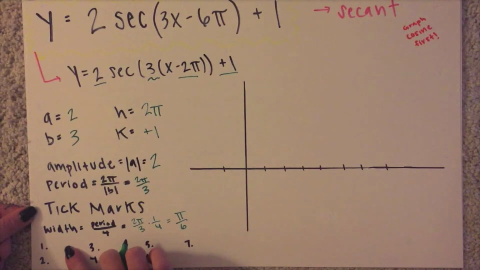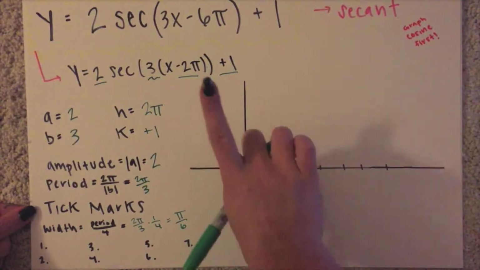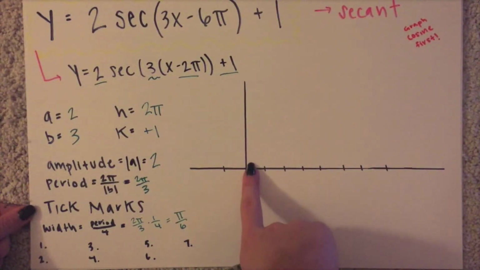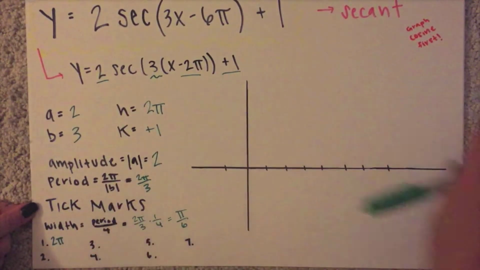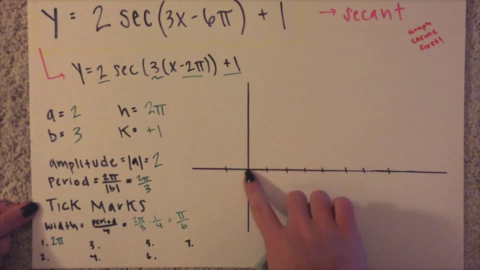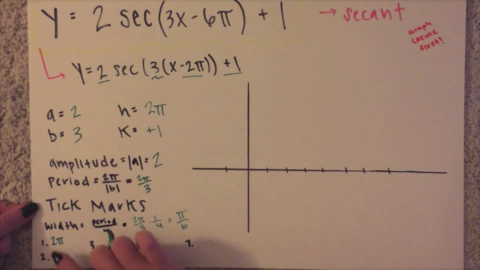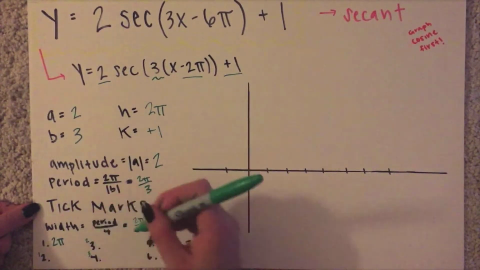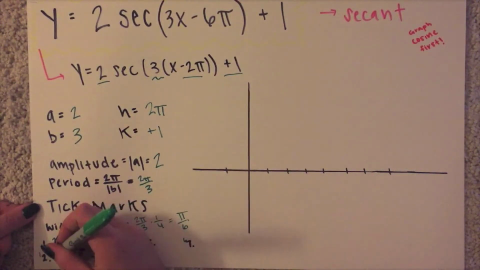So now we're going to start at our h, and as you can see, our h is very far away from the origin, so I am going to put that as our first tick mark. But if you count backwards from 2 pi by pi over 6, which is the tick mark width, it will eventually get you to the origin. So I'm actually going to start at the origin and add pi over 6 to that. As you can see, I'm marking new tick marks.